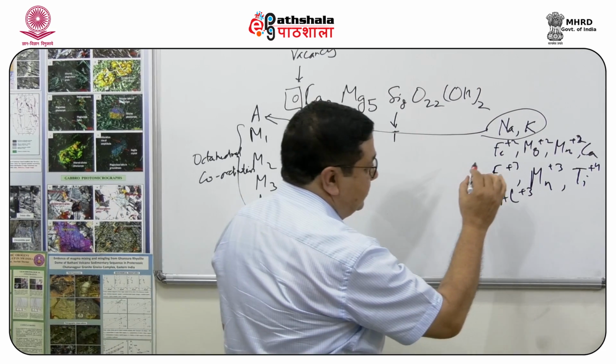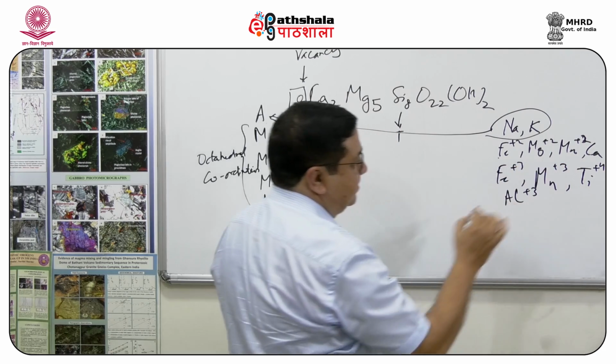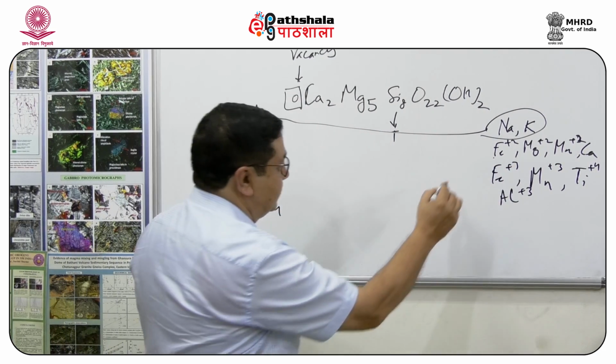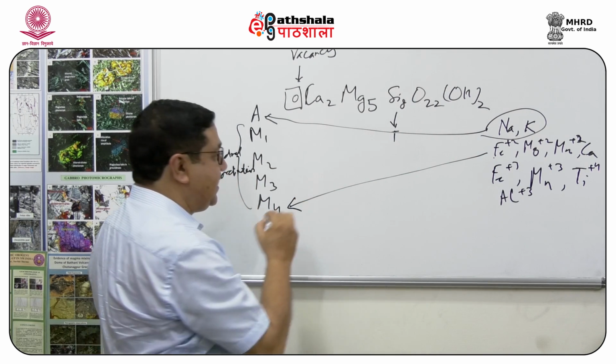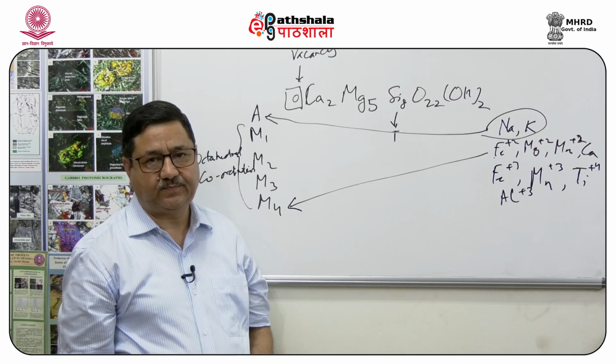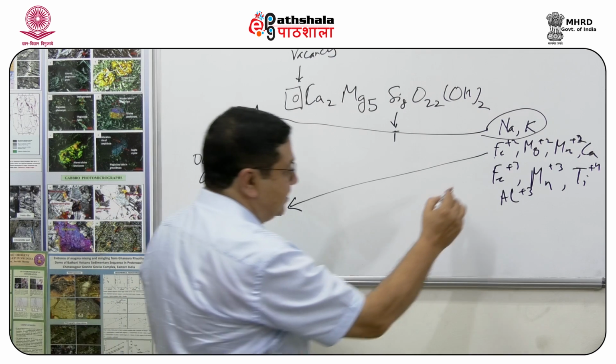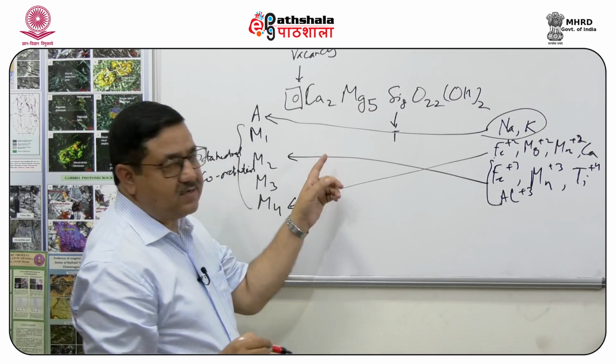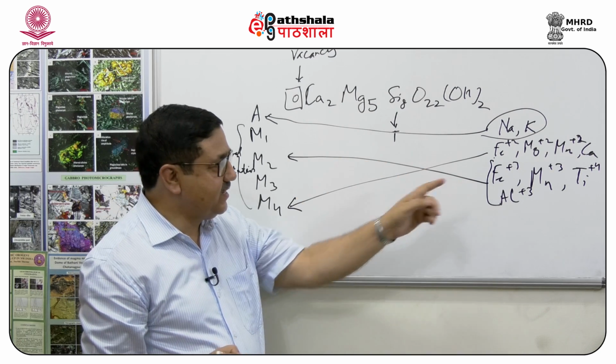The divalent cations and calcium tend to substitute in the M4 site, and the smaller sites are substituted by these elements.